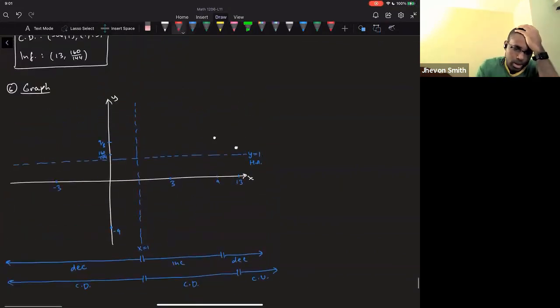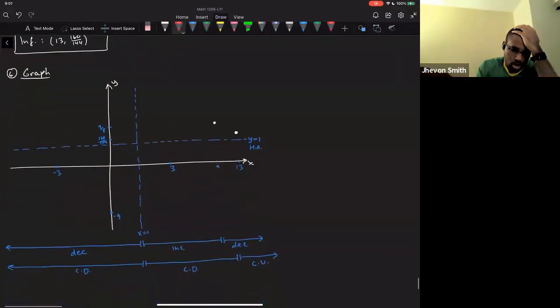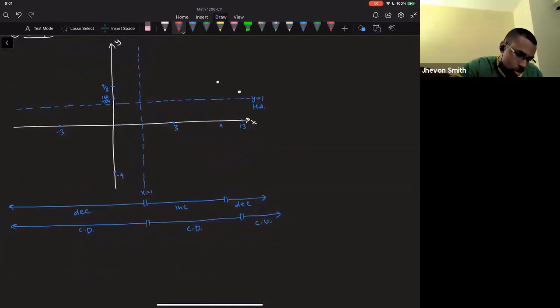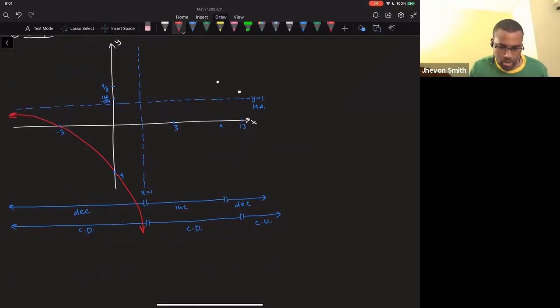So let's draw the graph now. I should be decreasing concave down, so decreasing like a frowny face, passing through these guys, and then that. And then here, increasing concave down until I hit that part going through 3.